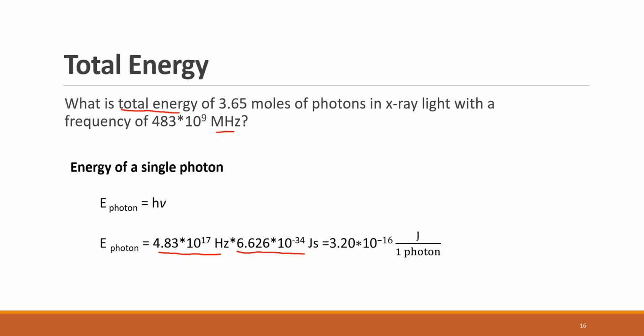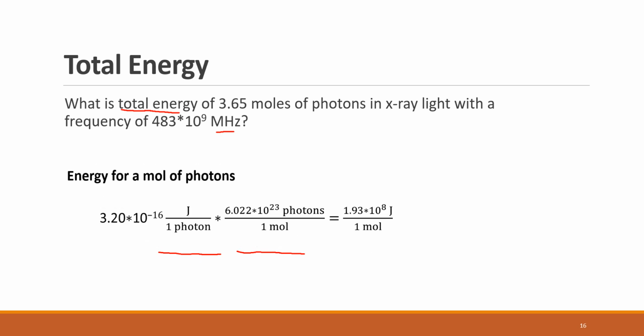So that's energy of a single photon, so we want to multiply that then by Avogadro's number to get energy of an entire mole of photons. So that's what we're doing here. This is Avogadro's number that we're multiplying it by. Photons and photons are canceling, and now we have energy per mole, joules per mole. So our last step to go to total energy is to take this energy in joules per mole and multiply it.